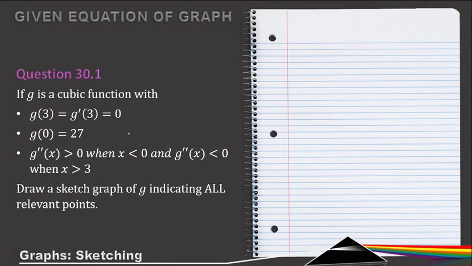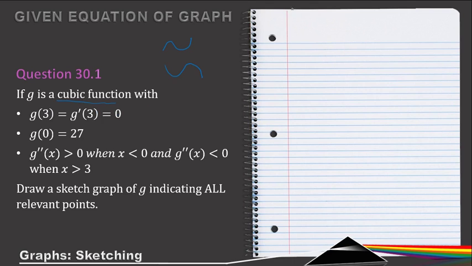Now question 30.1. If g is a cubic function, then we also know the graph would either look like this or it would look like that. Then g(3) equals the first derivative of g at 3 equals 0.